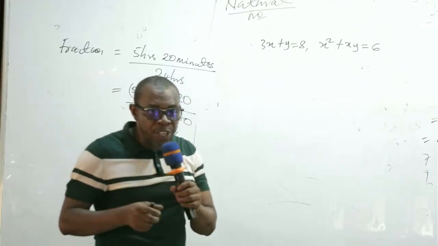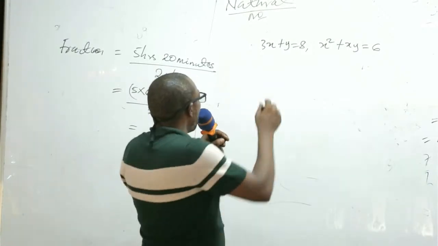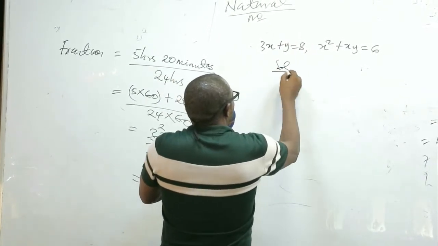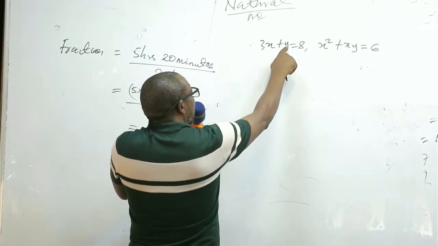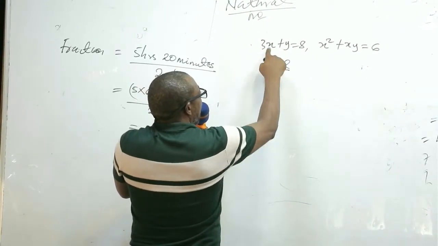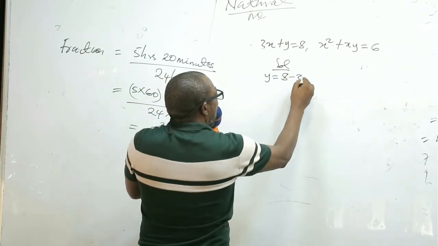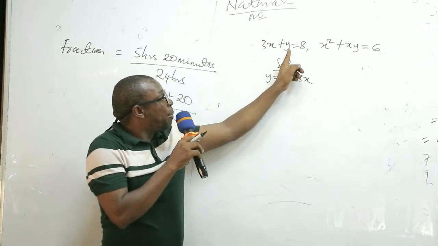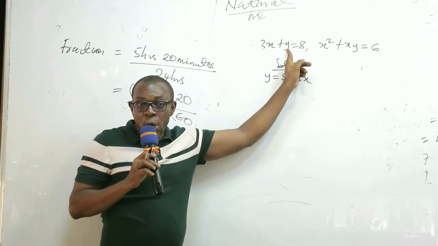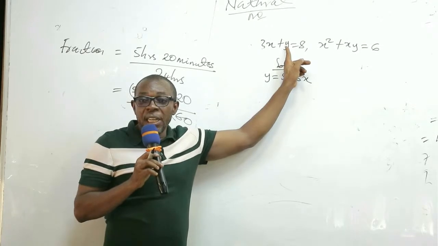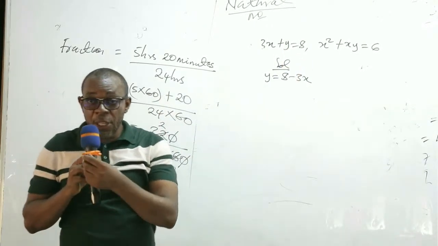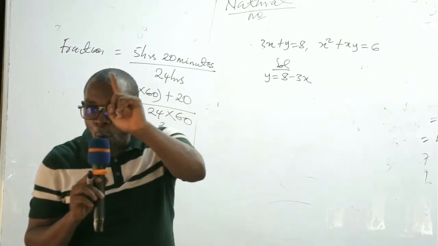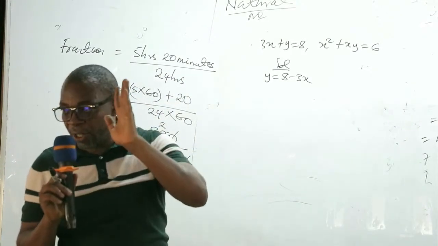But if you watch here, from the first equation, I can make y the subject, which is 8 minus 3x. I can make y the subject because y is completely linear, in the sense that the coefficient is 1.